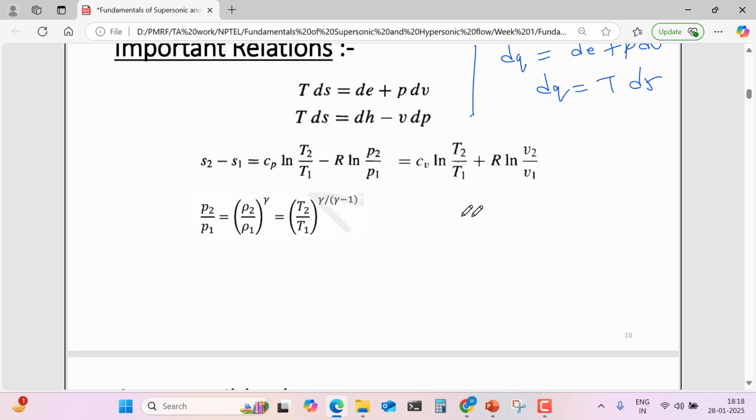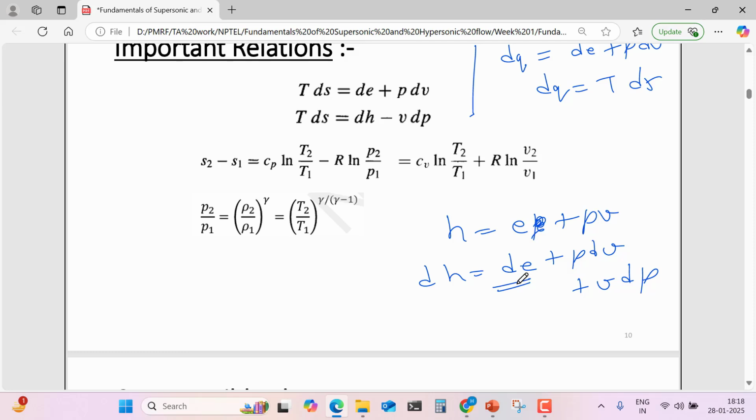Similarly, H equal to E plus PV. So dH will be equal to dE plus PdV plus VdP. If we substitute dE from this equation here, then we will get this equation.